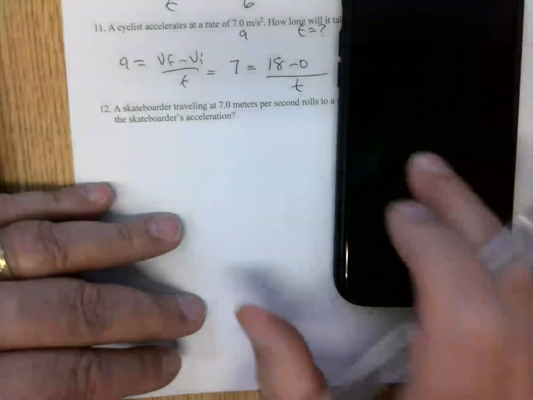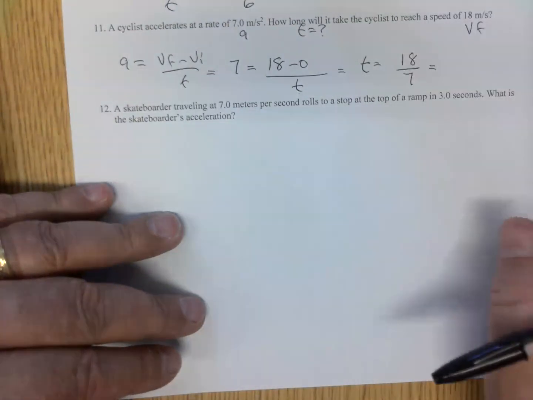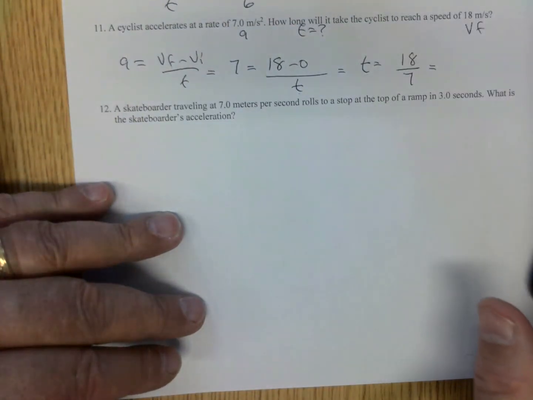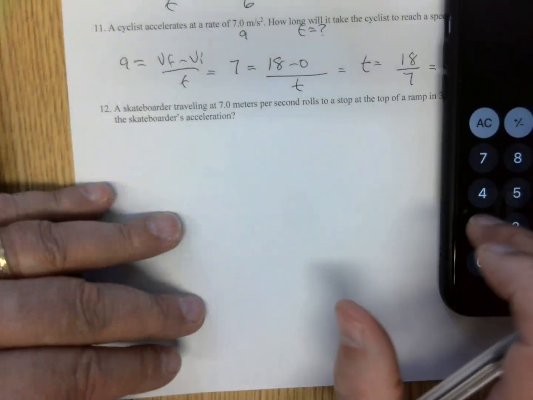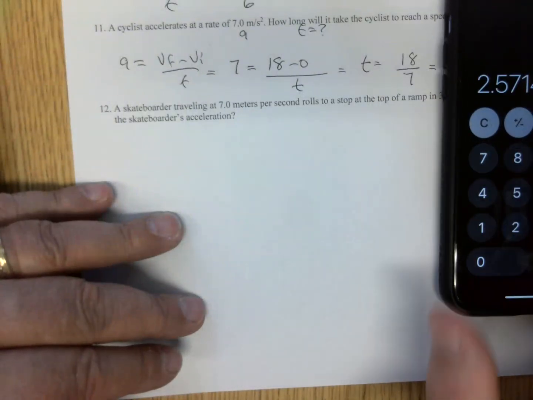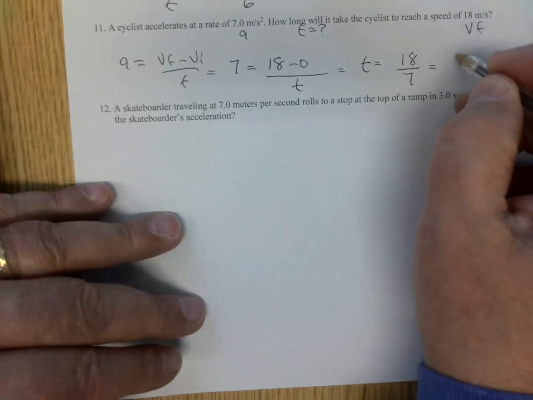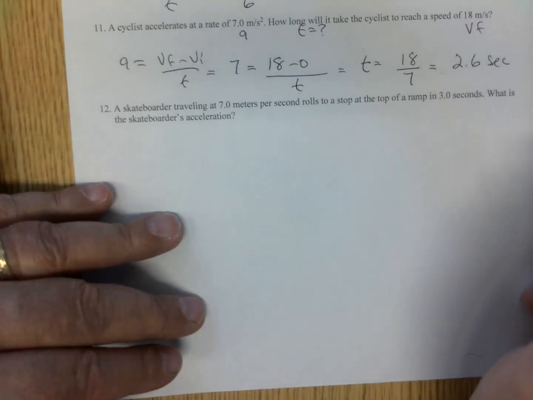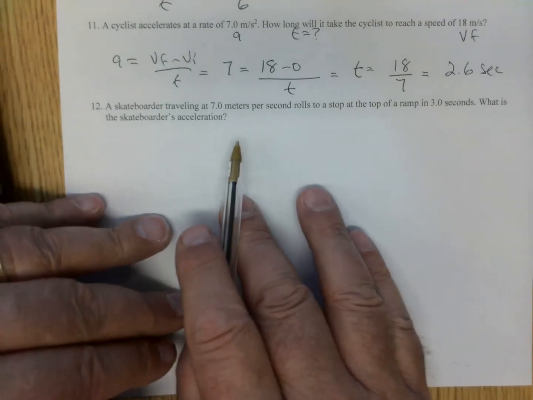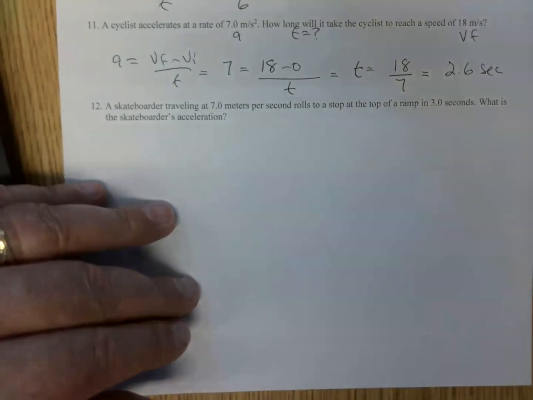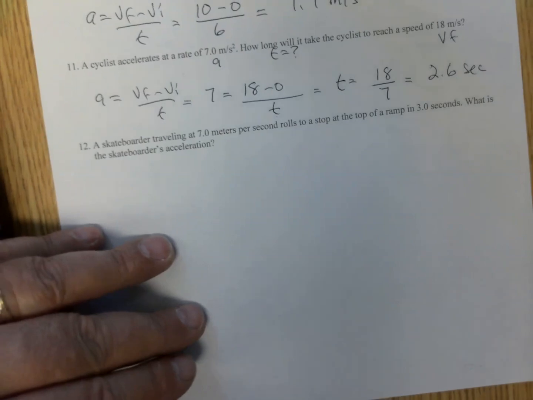If we then do our math, we do 18 divided by 7, that gives us 2.6 seconds.